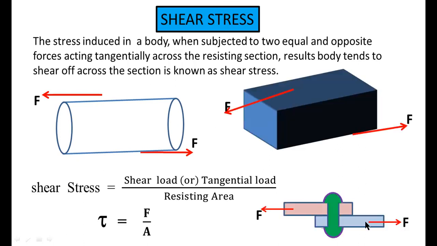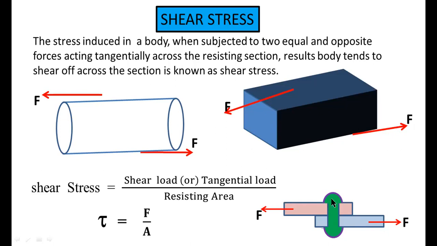Here you can observe these two plates are joined by a rivet or bolts and nuts. When you apply two equal and opposite loads on these two plates, this joining element may fail due to the application of these two loads.